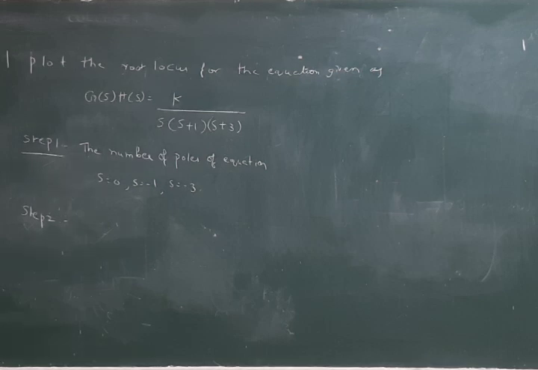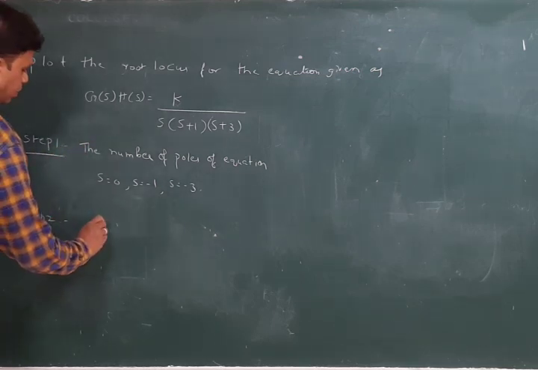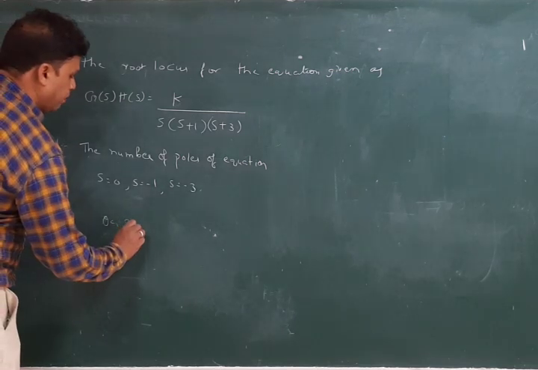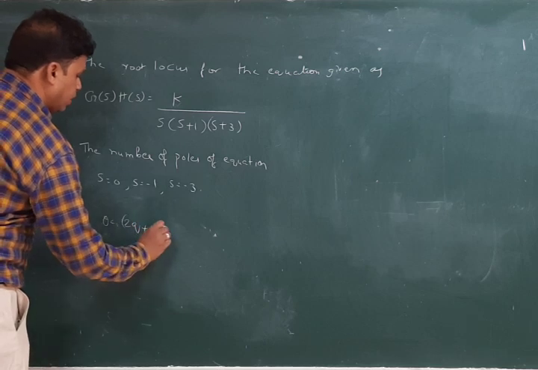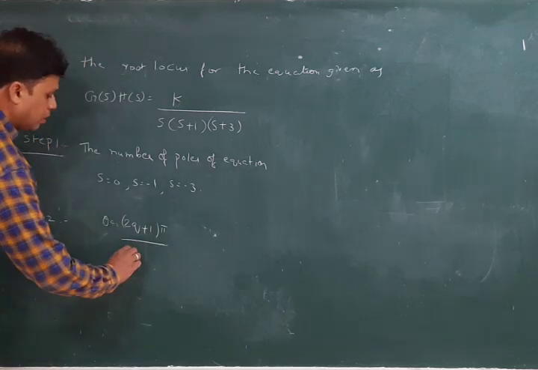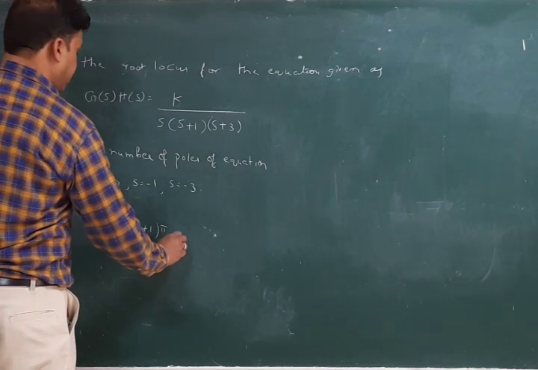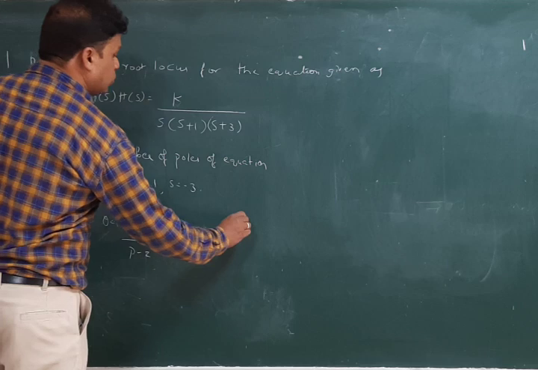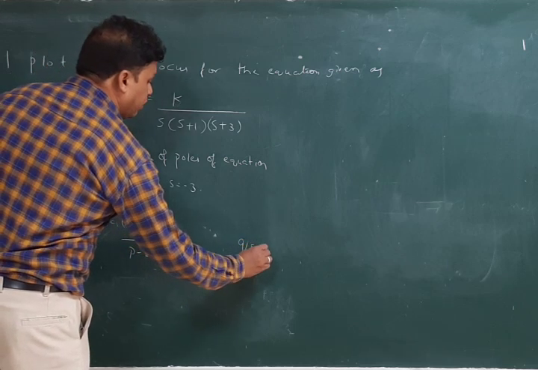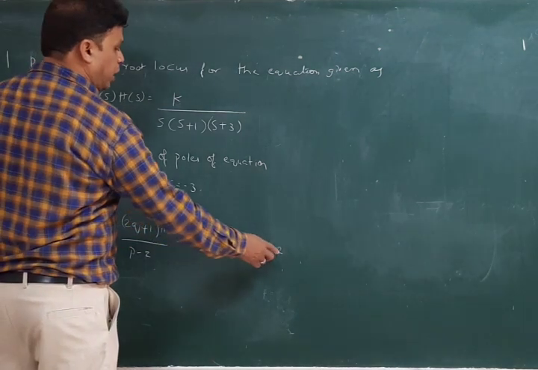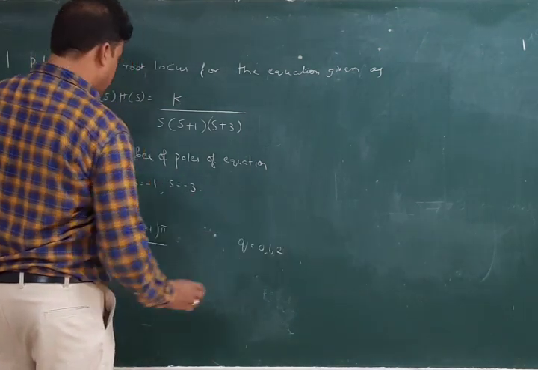Now, we will find the asymptotic angle, that is theta q equals (2q plus 1) into pi by (p minus z), where q equals 0, 1, 2. Why? Because we have 3 poles here, so q will be 0, 1 and 2 only. We will start from 0 and end at 2.